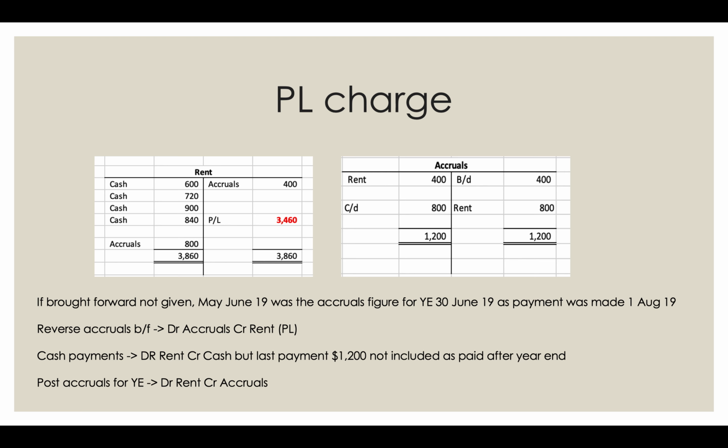If it makes sense to you, you can use that technique. So instead of putting accruals, you can put brought down 400, carried down 800. But if you prefer the first method, which is the real method, then feel free to do so.